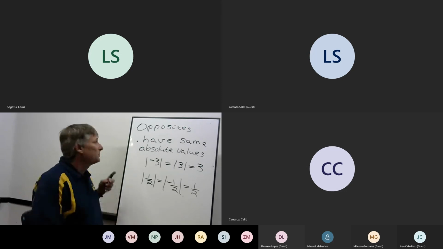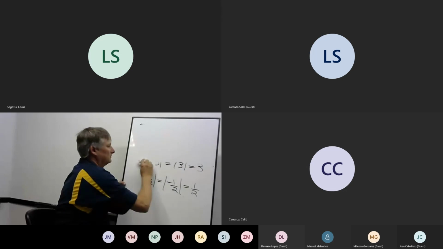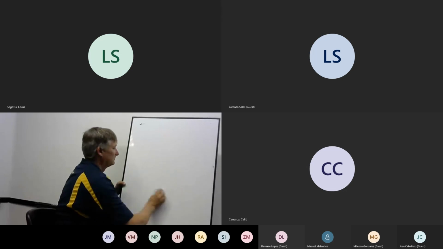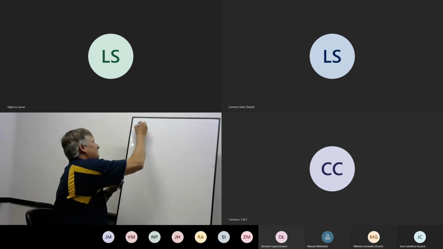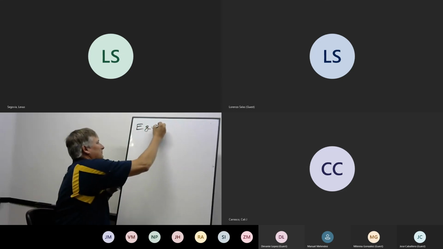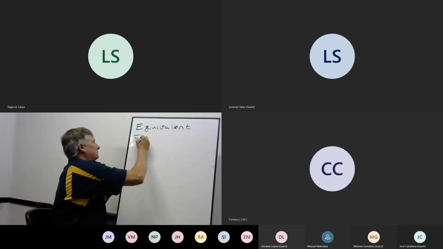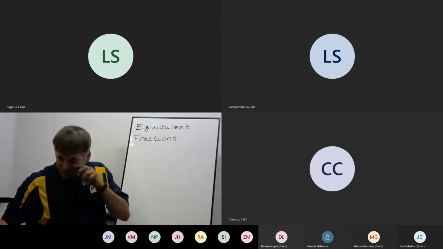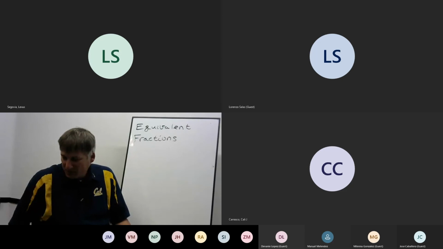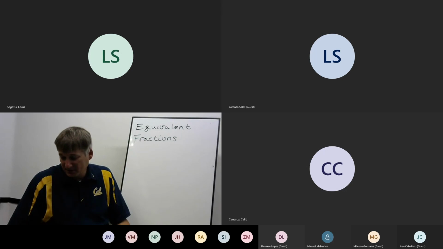So equivalent fractions. Let me see, how do they describe them here? Because what you get them from is basically multiplying and dividing top and bottom by the same number.